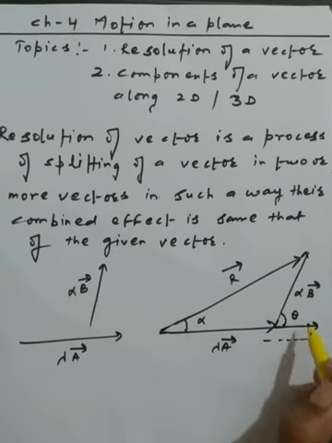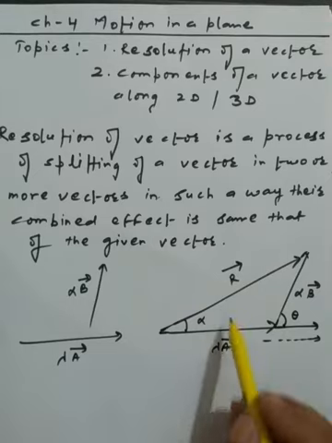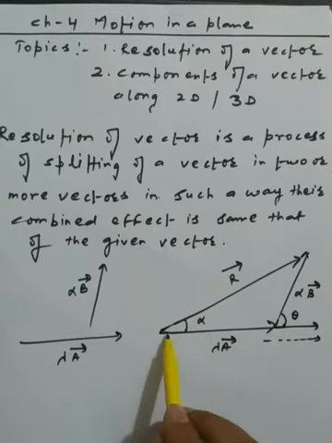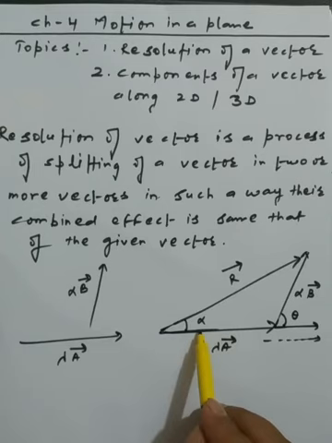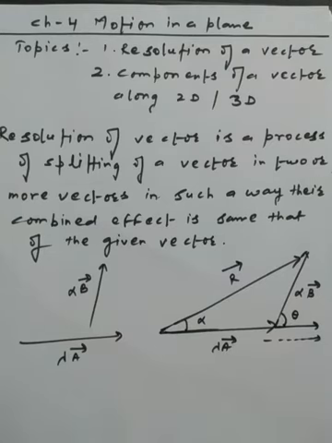This is the angle theta between the two vectors. The angle of the resultant with a vector is a different thing, and the angle between the two vectors is a different thing. And always we should calculate the angle between two vectors originating from a common point. So this is the technique we have for vectors.